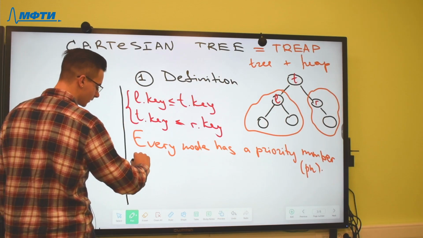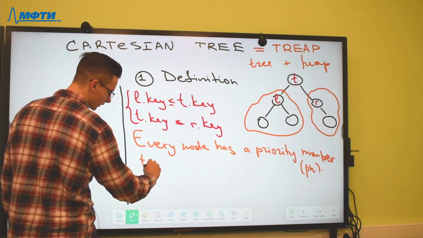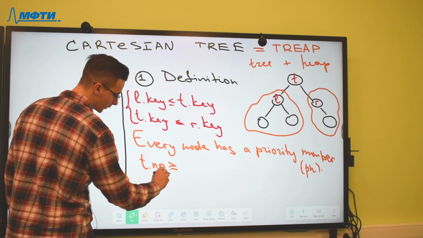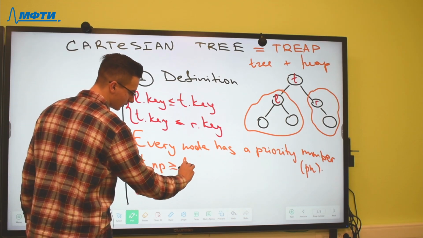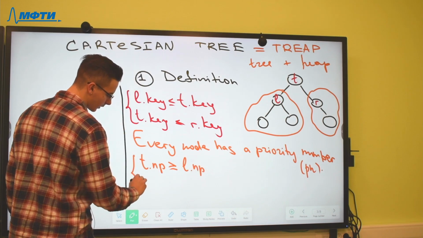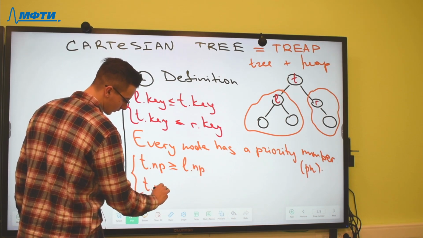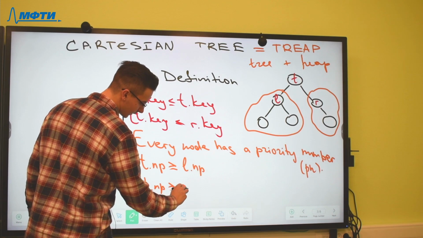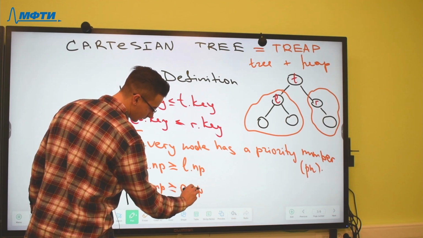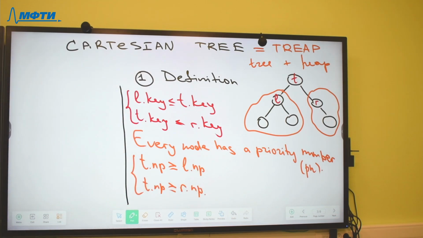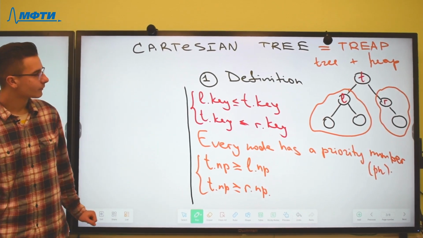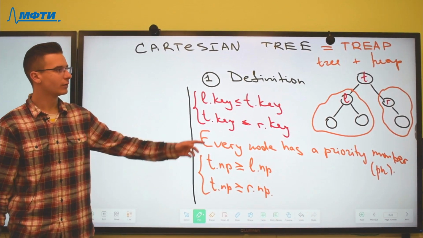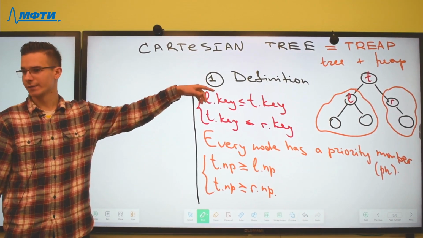So T.P will be bigger than L.P and bigger than R.P. And of course, this property will be true for all of the nodes in this tree.